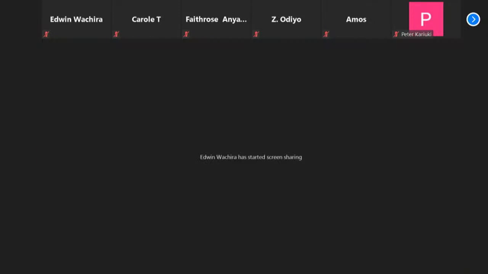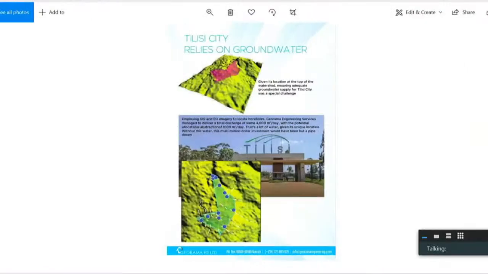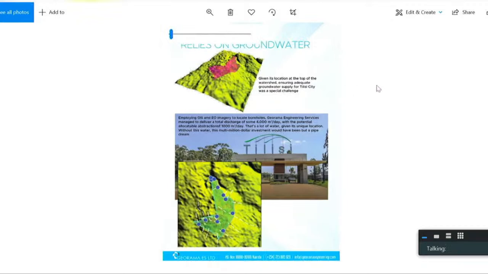Any questions? Oh, yeah, you bring the posters. Okay, so that's a poster of Tilisi. What's happening is it's located actually at the top of the watershed, okay? So how do you get enough groundwater at the top of the watershed?